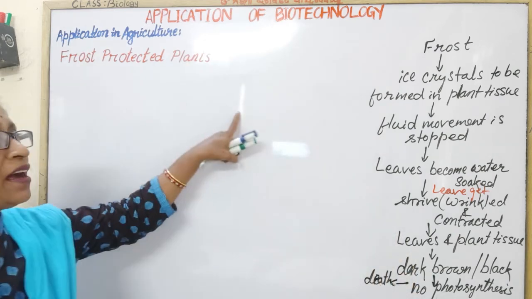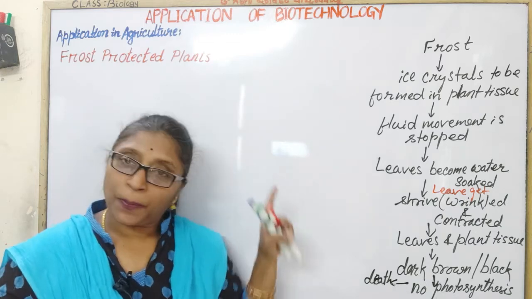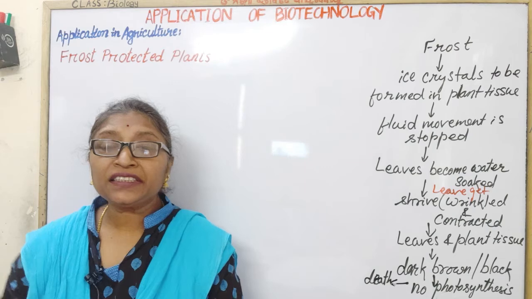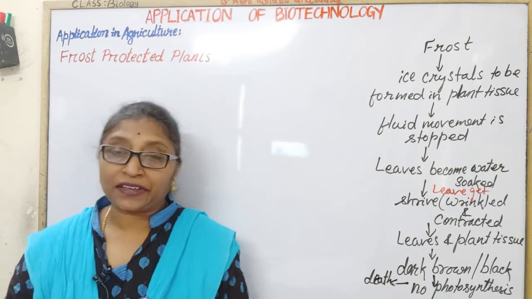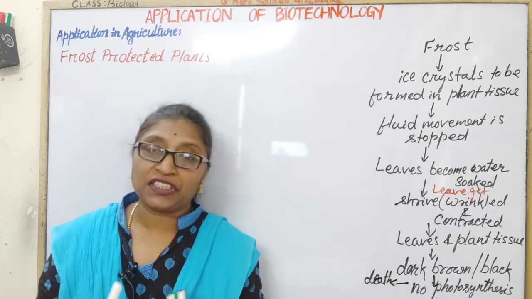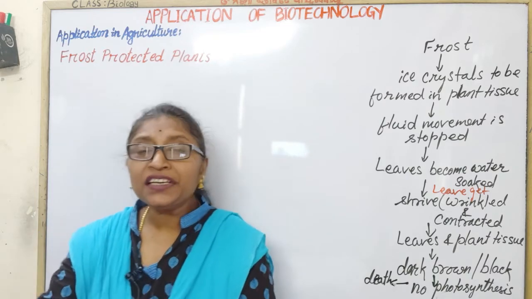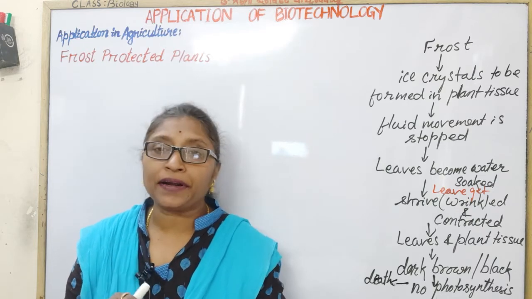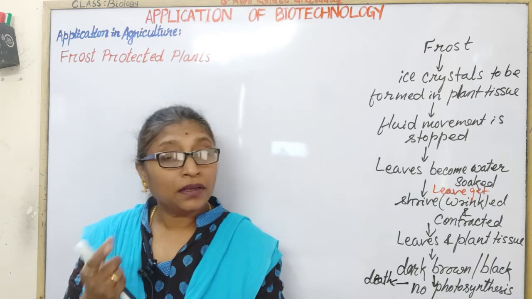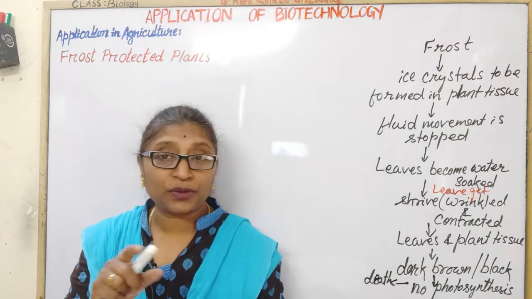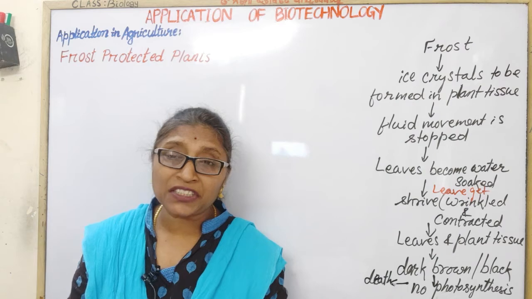So how do we get rid of this effect of the frost? A gene is present in the soil bacterium, the gram-negative bacterium Pseudomonas syringae. That gene is isolated and incorporated in the plant cell, in the callus, C-A-L-L-U-S, that is the undifferentiated cell.